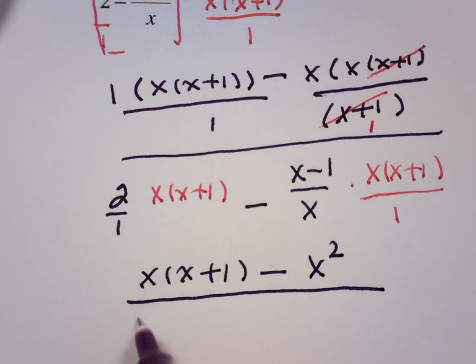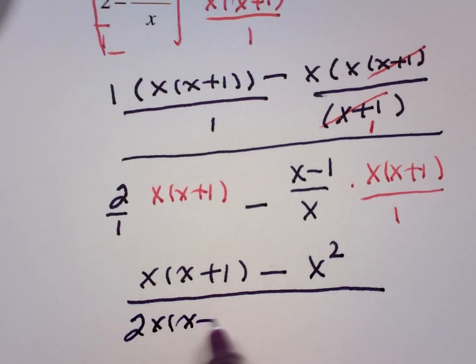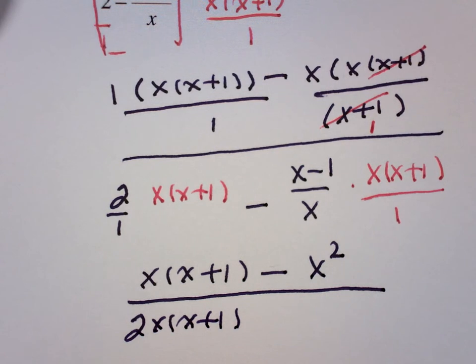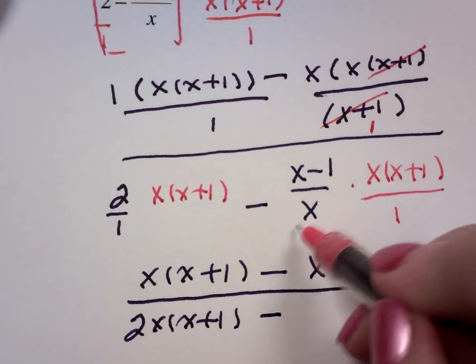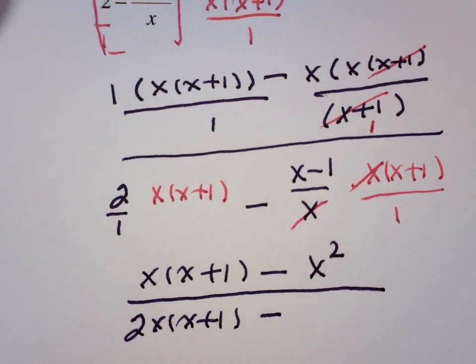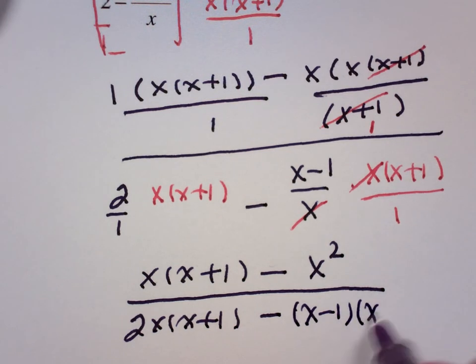This then becomes 2x times x plus 1, subtract. Now the x's are going to reduce out. And this is x minus 1 times x plus 1.